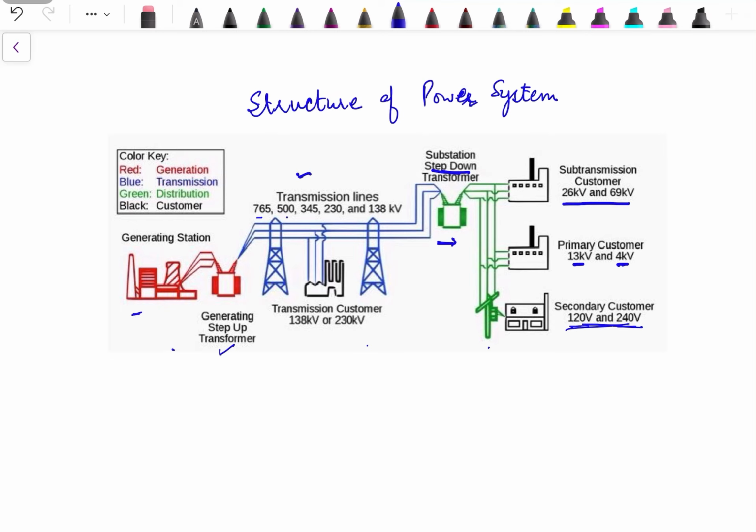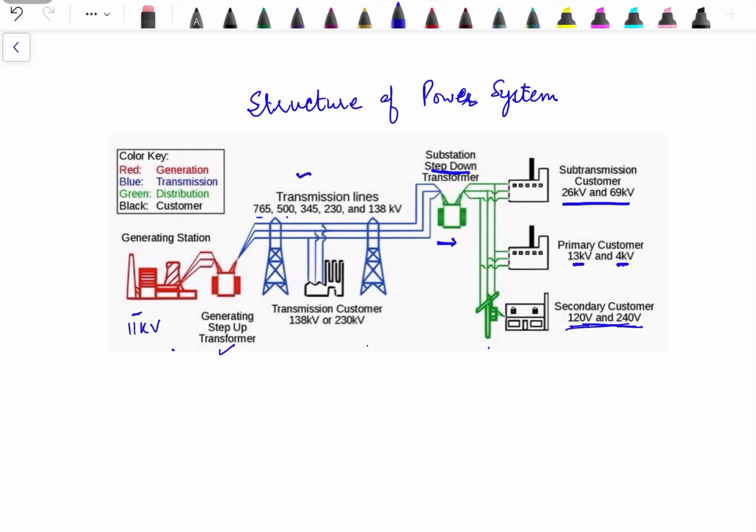So the level of voltage is very high for transmission, it's low for generation, usually at 11 kV, while the utilization can be at different voltage levels as per the requirement of the customer.